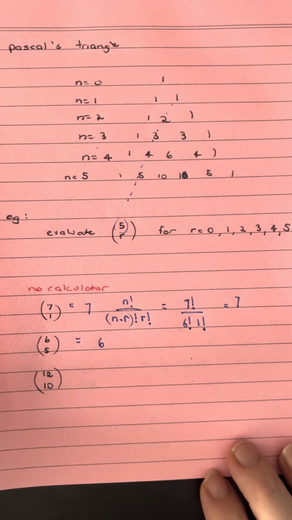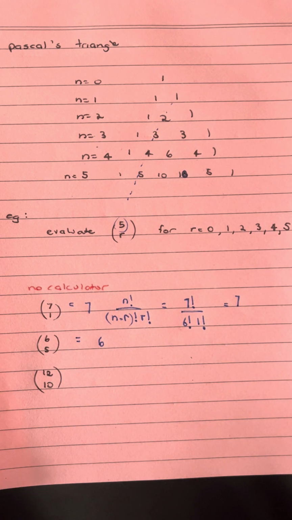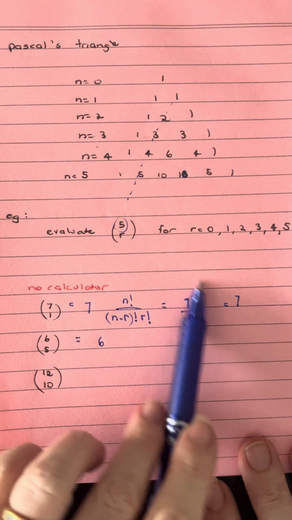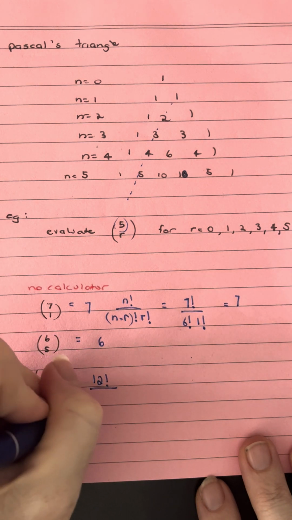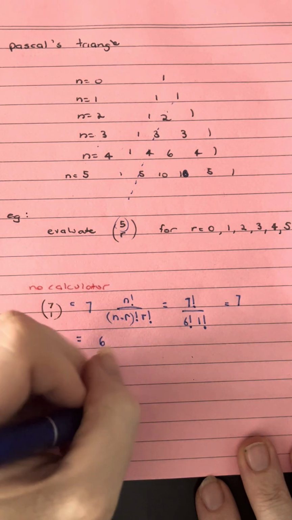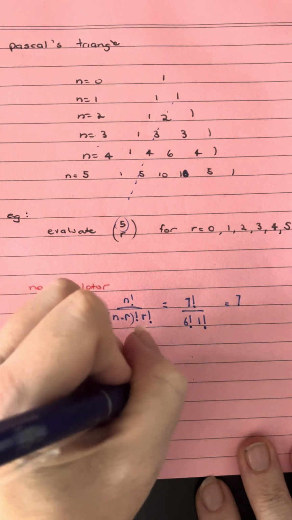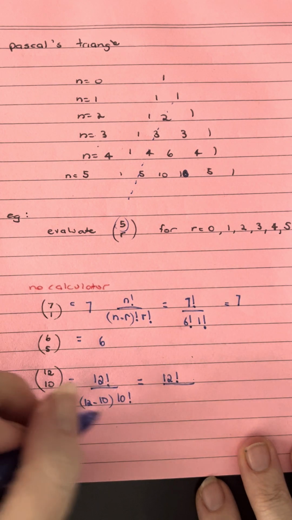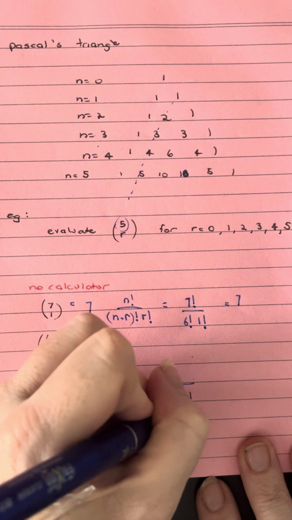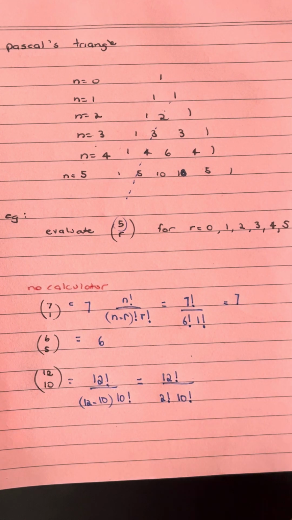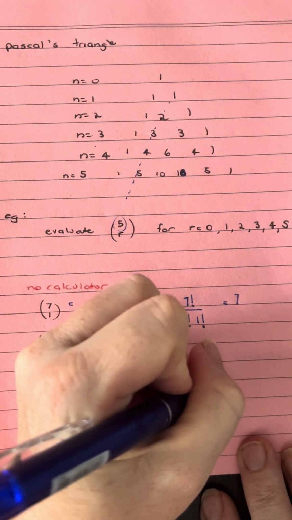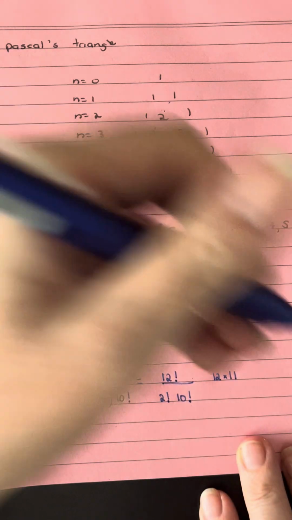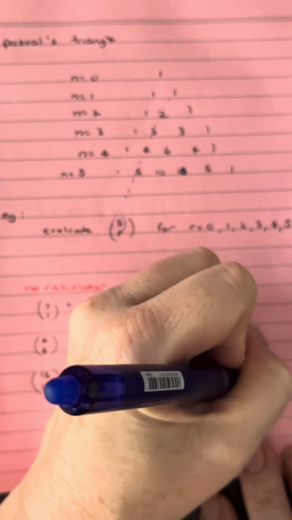And then the 12, 10, we can use our method that we were doing up in this first one the long way. So we would have 12 factorial, and then we would have 12 take away 10 being multiplied by 10 factorial there. So we've got 12 factorial on the top, and then we've got 2 factorial times 10 factorial on the bottom. And so then we can try and cancel that out. So we know that we would have 12 times 11, and then we would times by 10 factorial on the top.